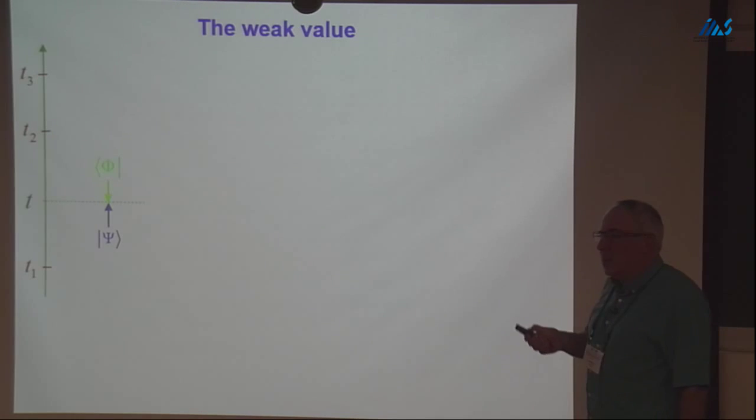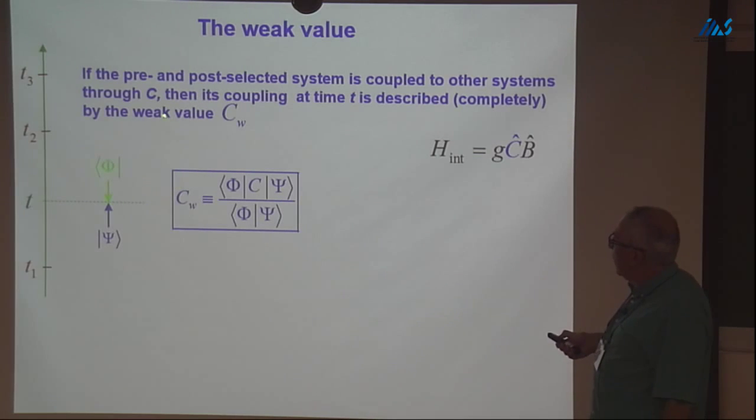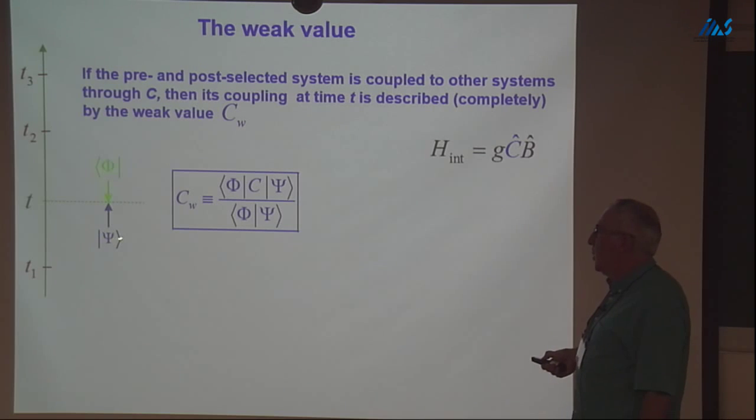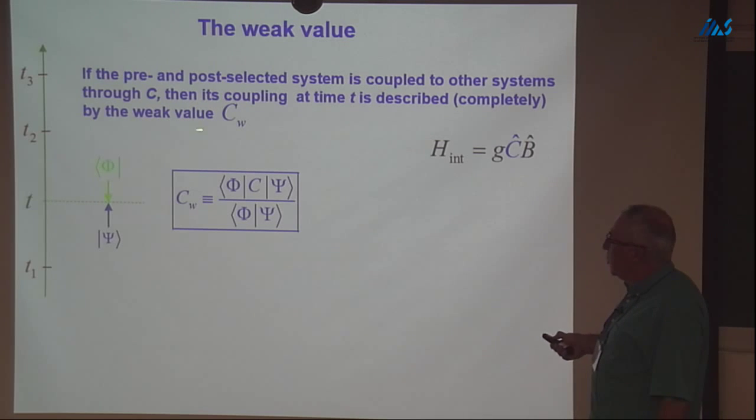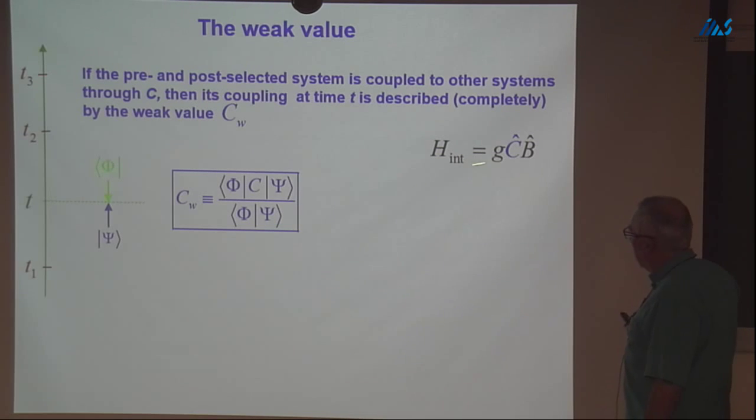I want to make a general statement: if I look at a small time, the interaction of my pre- and post-selected system, pre-selected in psi, post-selected in phi shortly after, with any observer, if I have a Hamiltonian of this type, if I look for a very short time, effectively I will interact not with C but with C weak.